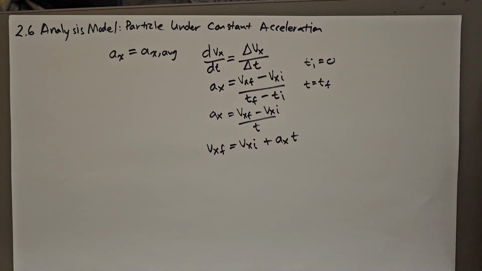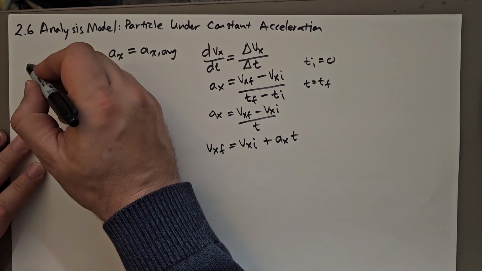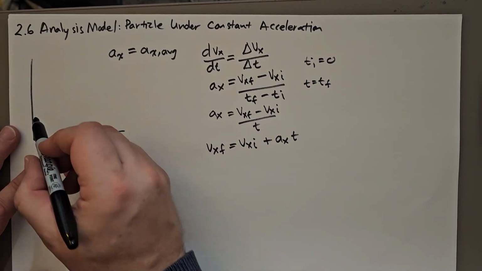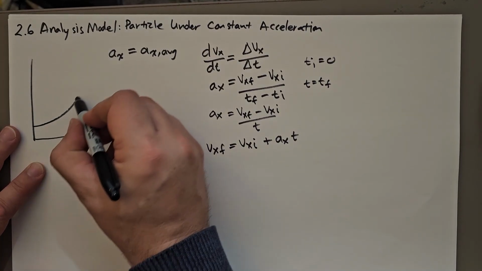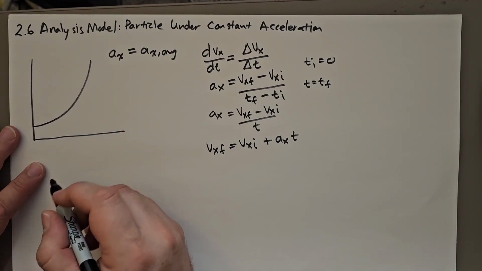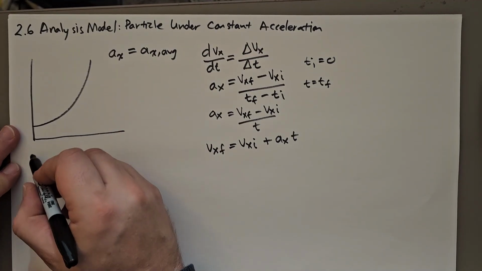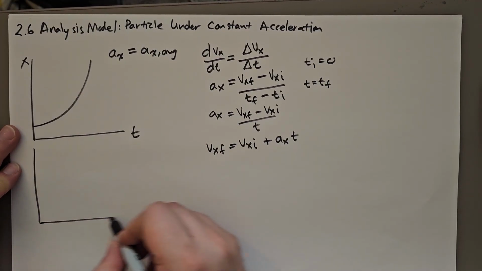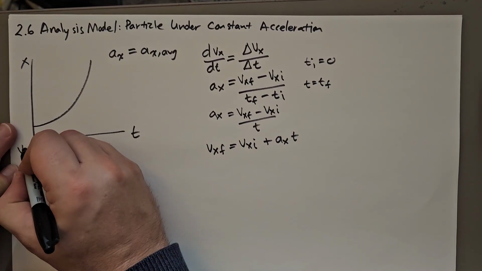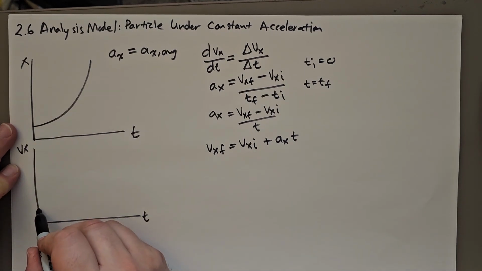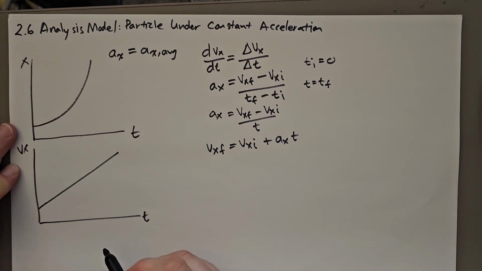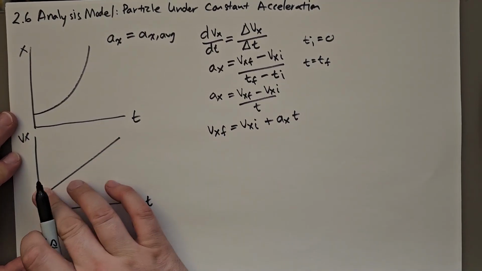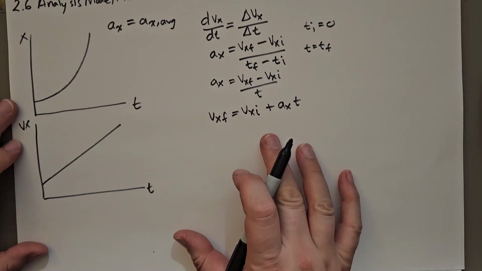Let's take a look at what this looks like graphically, and they have it in the book if you want to see. The position is going to form a parabola. This is the position, this is the time. The velocity is going to form a straight line because the change in the velocity over time, the slope of the velocity graph, is always the same, doesn't change.